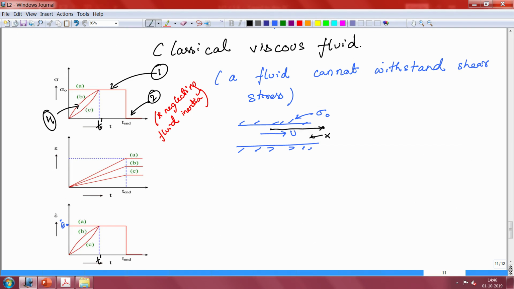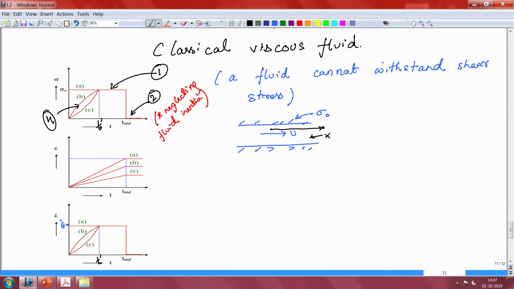Sigma naught you are reaching through different stress histories, and 3 possible ones are shown here: A, B and C. In that case, the strain rate will also reach the previous value through different strain histories. How it reaches the value will be different, but it will still reach the same value at the end of T dash. When you look at the strain diagram, that is when you start seeing that the 3 cases are separate in terms of the strain.